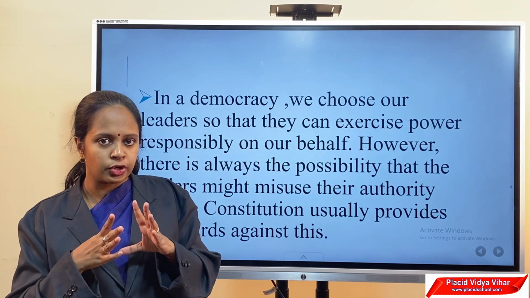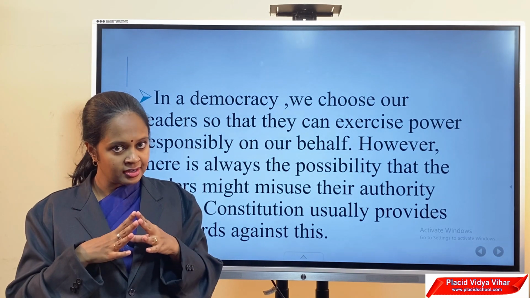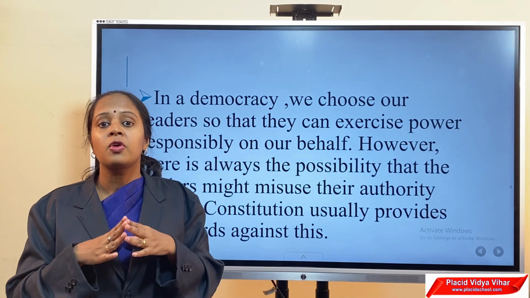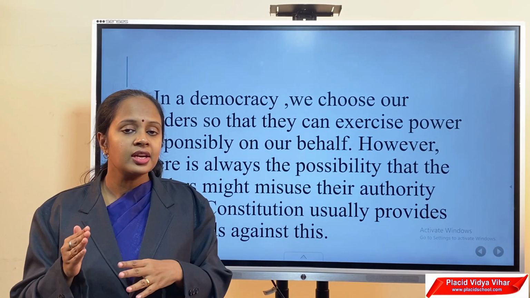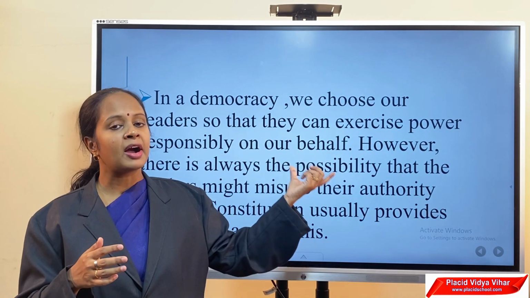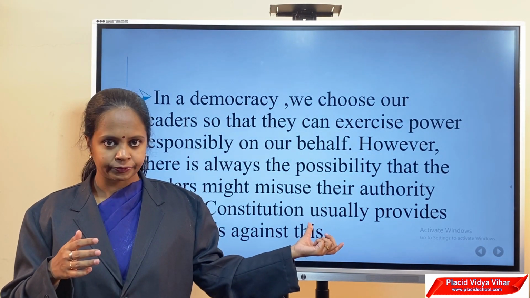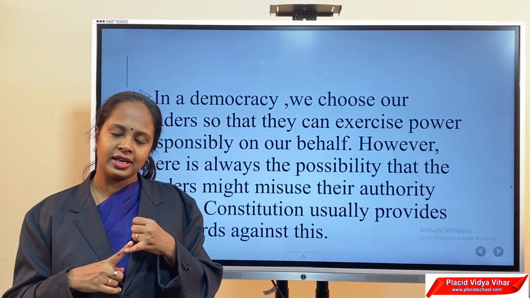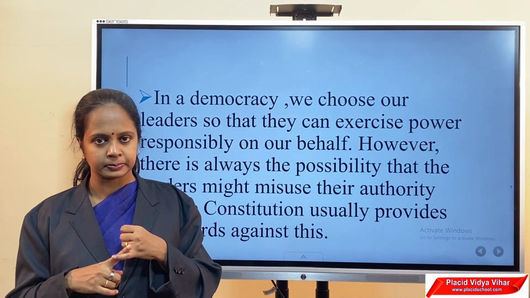In that scenario, the role of the constitution is to safeguard the rights of the citizens in case of misuse of power by the elected representatives. So the second point is that a constitution defines the nature of a country's political system.